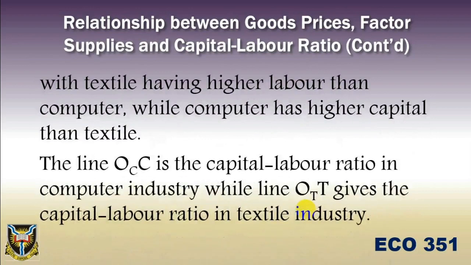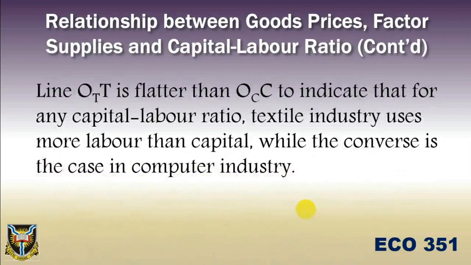The line OC is the capital labor ratio in the computer industry, while line OT gives the capital labor ratio in the textile industry. Line OT is flatter than line OC to indicate that for any capital labor ratio, the textile industry uses more labor than capital, while the converse is the case in the computer industry.